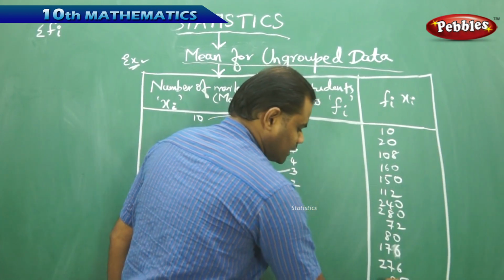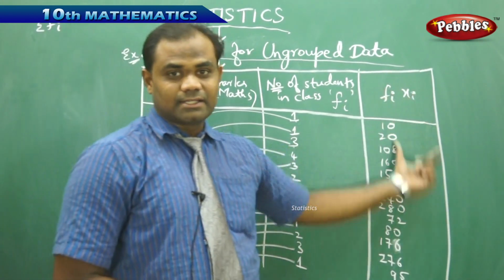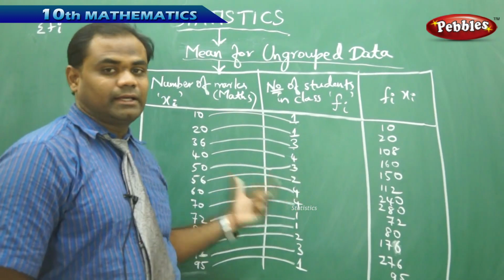This is how we get the Fi xi from Fi and xi individually.